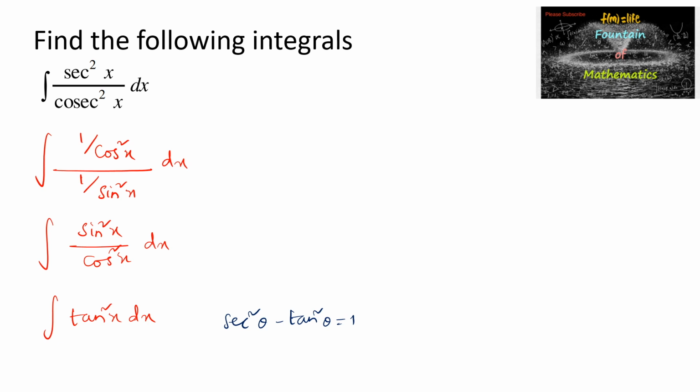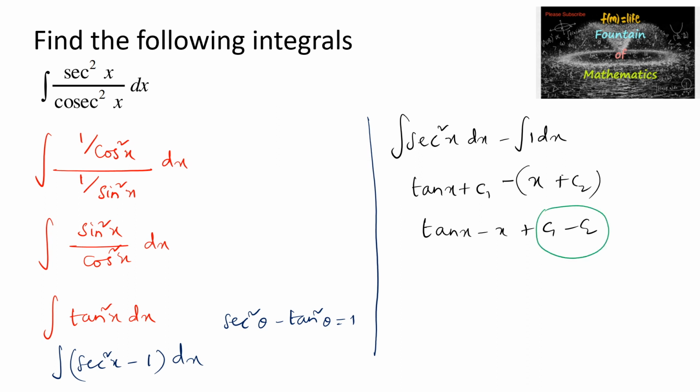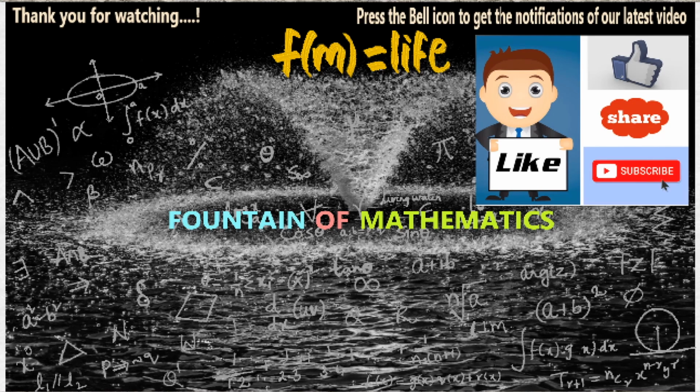So tan squared theta is equal to secant squared x minus 1, and the integral of that dx, further simplifying, gives the integral of secant squared x dx minus the integral of 1 dx. And we know the integral of secant squared x is tan x plus some constant c1, minus the integral of 1, which is x plus some constant c2. So we can write tan x minus x plus c1 minus c2. Let us consider c1 minus c2 as some constant, and we can write tan x minus x plus c is the answer.